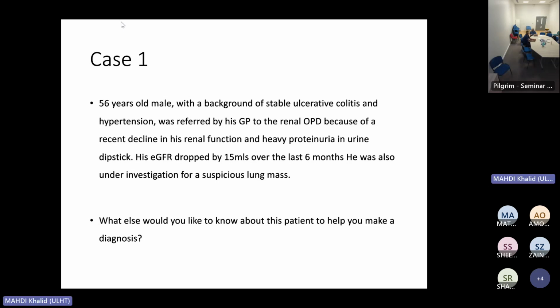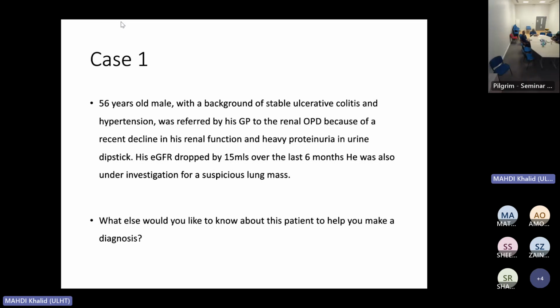We want more information about what you mentioned. Quantification of the proteinuria, nephrotic range at least. And what's the kidney function? What was the baseline? Anything else?